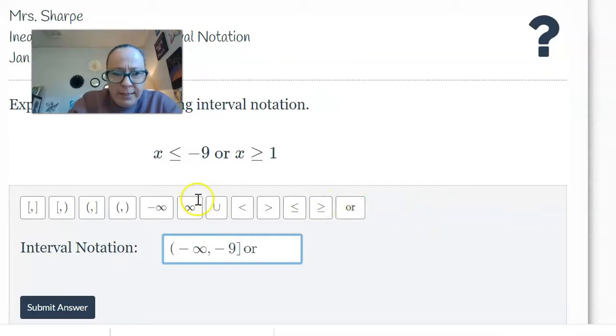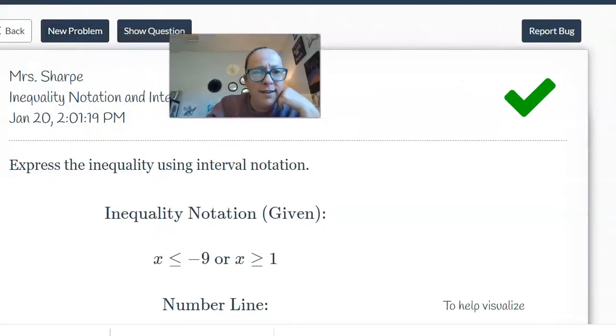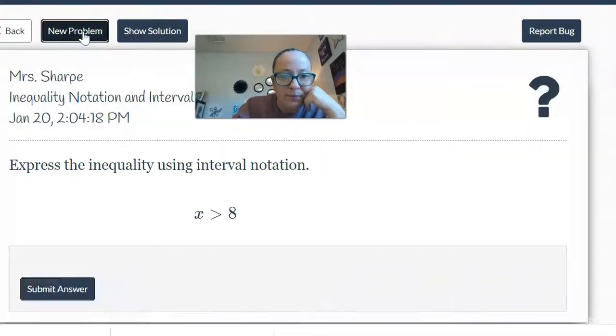Or, and then it's a bracket and a parenthesis. So 1 span and then infinity. Okay, so the or is fine, and this is not giving me, oh, I could put a union. There's a union. Let me do that. You could put the or if you're doing inequality, but we're doing interval, so we need the union there. We hit submit answer. We cross our fingers. Heck yes. Okay, let's do a new one.